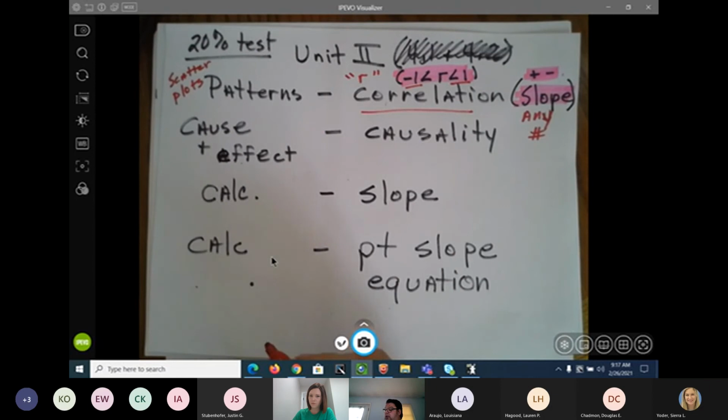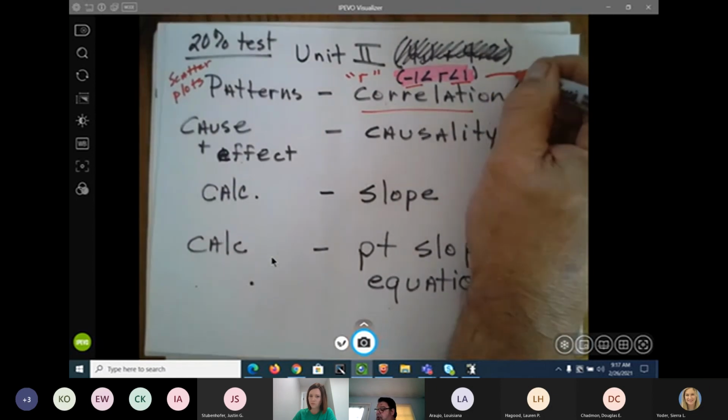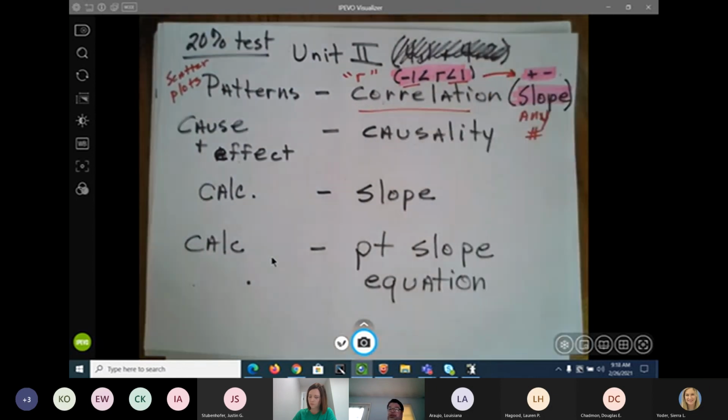Now, it has a direct relationship to slope. And that relationship is the same direction. If you have a positive slope, that means you're going to have a positive correlation. If you have a negative slope, that means you're going to have a negative correlation.